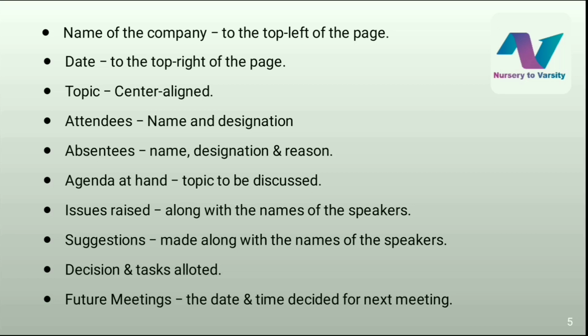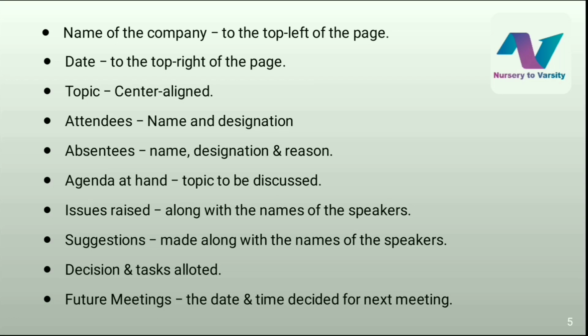Now, after writing these things, you have to write issues raised and suggestions. Issues raised and suggestions are also written in a table, as you wrote attendees and absentees, with the name, the issue raised, the name, and the suggestion made. In this way, if we refer to a meeting again, we know who made this suggestion and who raised that issue.